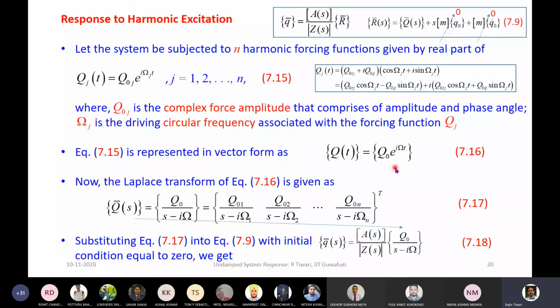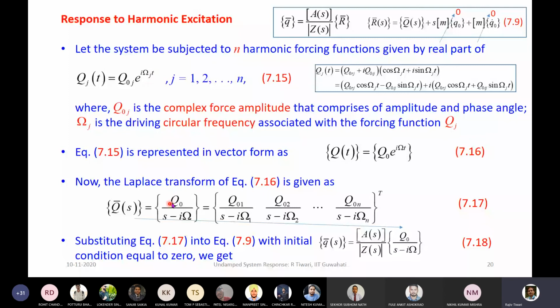Here the subscript j we have removed. Now if you do the Laplace transform of this force, because this is a constant term, not time dependent, only the Laplace transform of the exponential part we need to do, and the Laplace transform of this we know is equal to this.